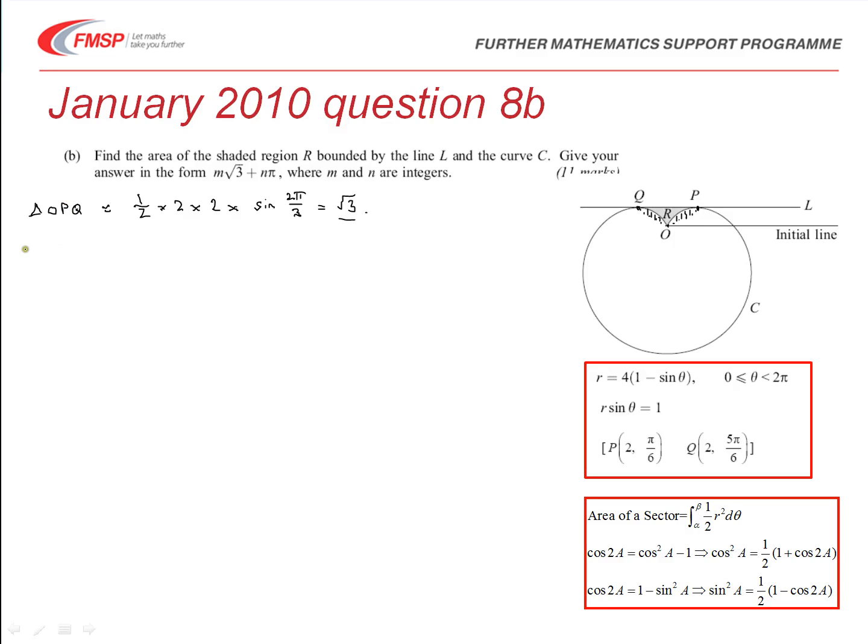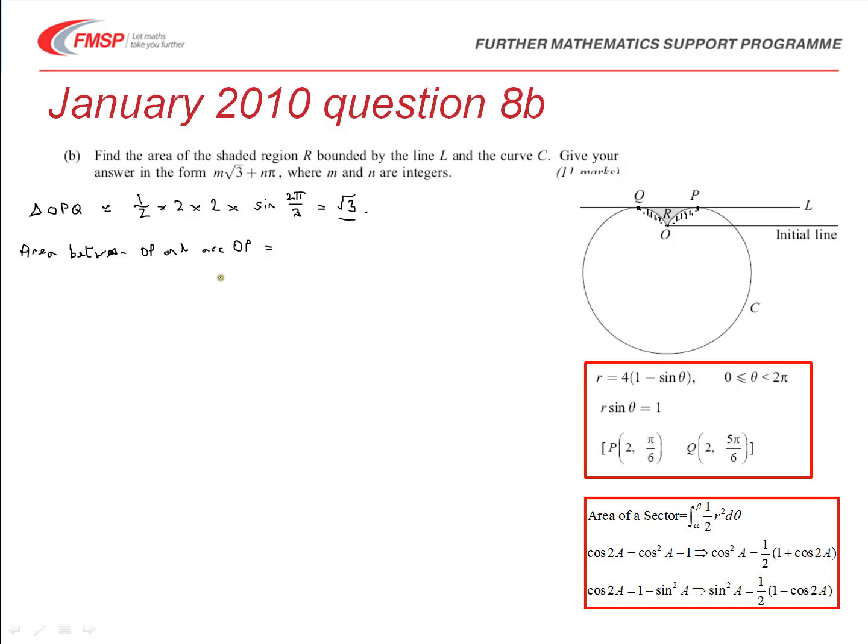And the next thing we need is the area enclosed by OP and the arc OP. So it's the area between OP and arc OP.